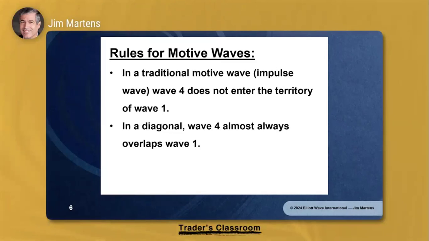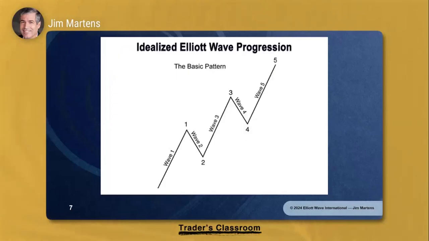I mentioned three rules, though you have three or five bullet points. Just to mention the three rules again: wave 2 does not retrace more than 100% of wave 1. Wave 3 is never the shortest of waves 1, 3, and 5. And wave 4 should not overlap wave 1. So here's the idealized Elliott wave progression.